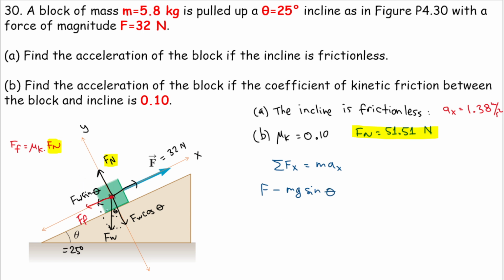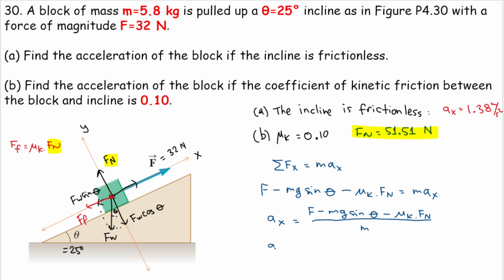And then we will also have the force of friction in the negative direction, which is μk times Fn. And that will be mass times ax. We need to calculate ax, so let's just isolate ax. This will be our numerator: F minus mg sine θ minus μk times Fn, and divide that by the mass.